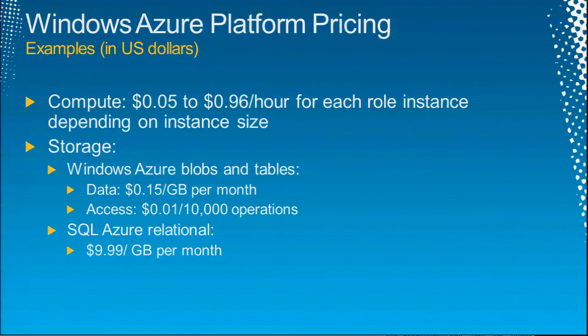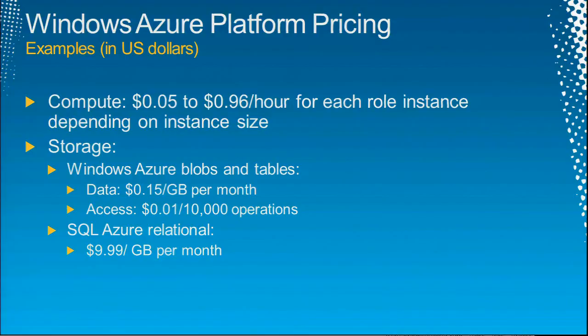You're paying for the relational processing on top. It's the difference between your OS file system and SQL Server on premises. Windows Azure storage is analogous to the OS file system. SQL Azure, analogous to SQL Server. But $10 per month per gigabyte for this platform that doesn't require the same level of admin as an on-premises platform, it's attractive for at least some scenarios.